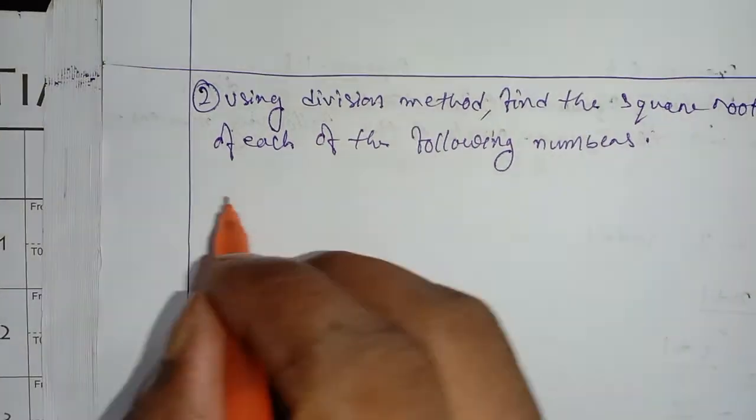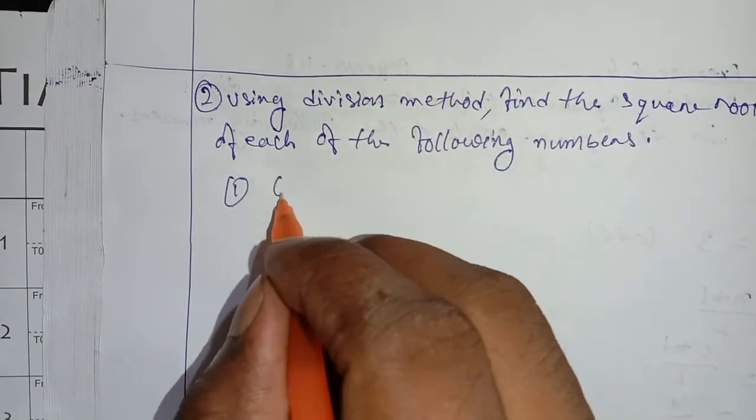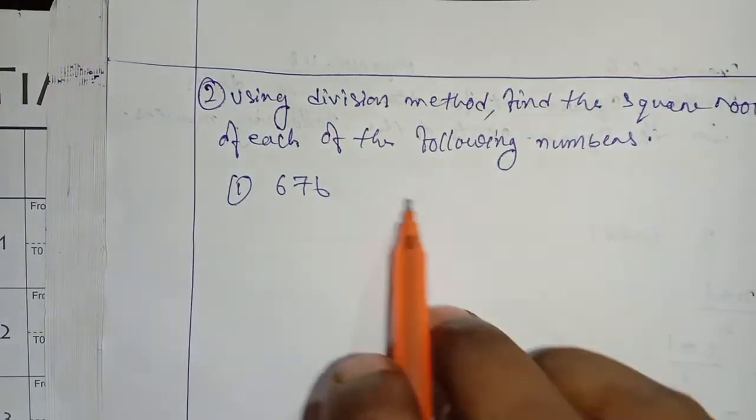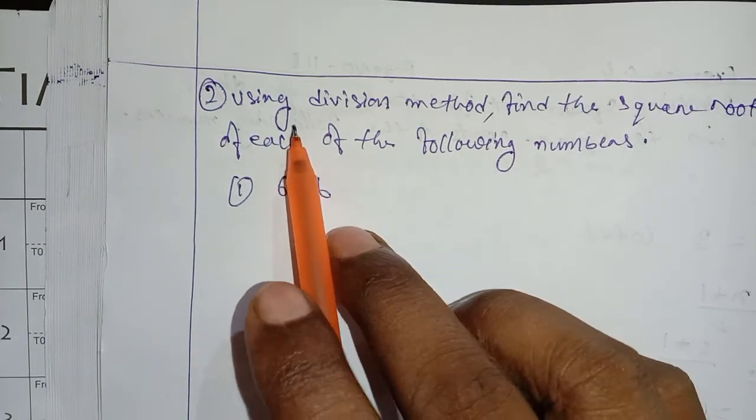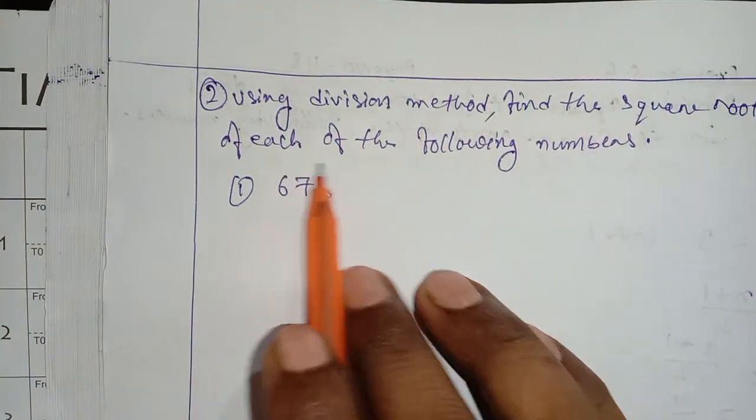Okay. Number 1, 676. Now here it is told that you have to find, using the division method, the square root of the following.